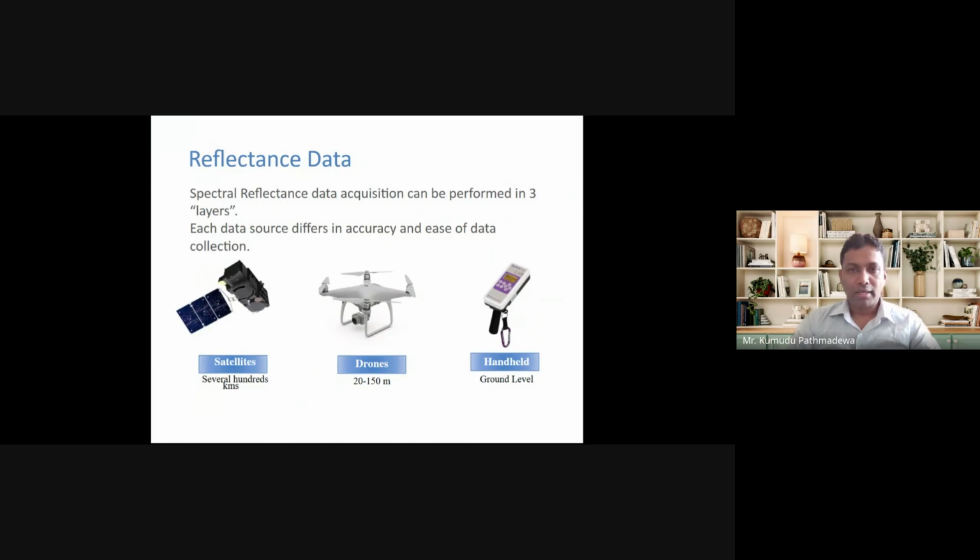Handheld devices we use at ground level, drones we can use in the 20 to 150 meter range, and satellites maybe hundreds of kilometers above the Earth's surface. They are getting information. Each platform is defined by spatial accuracy, coverage, and ease of data collection. They are different.